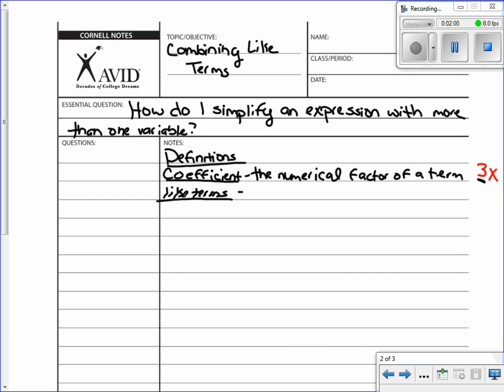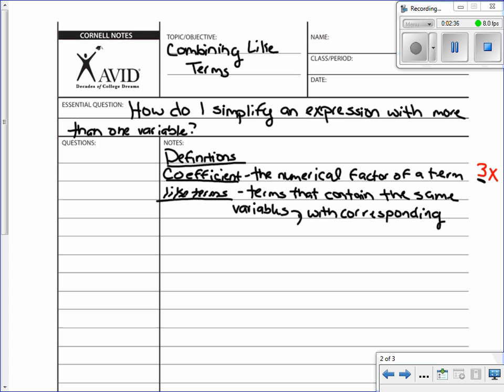And those are terms that contain the same variables, with corresponding variables having the same exponents.